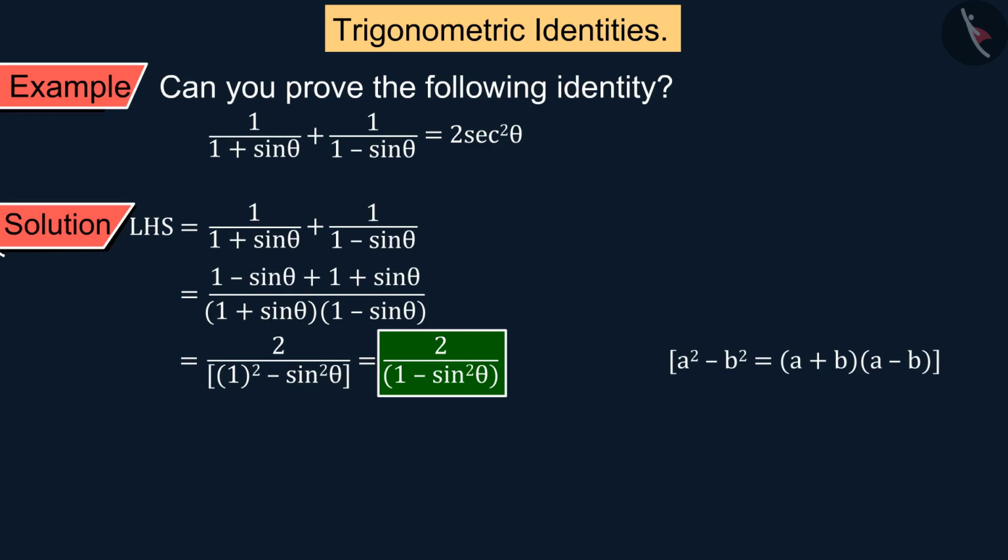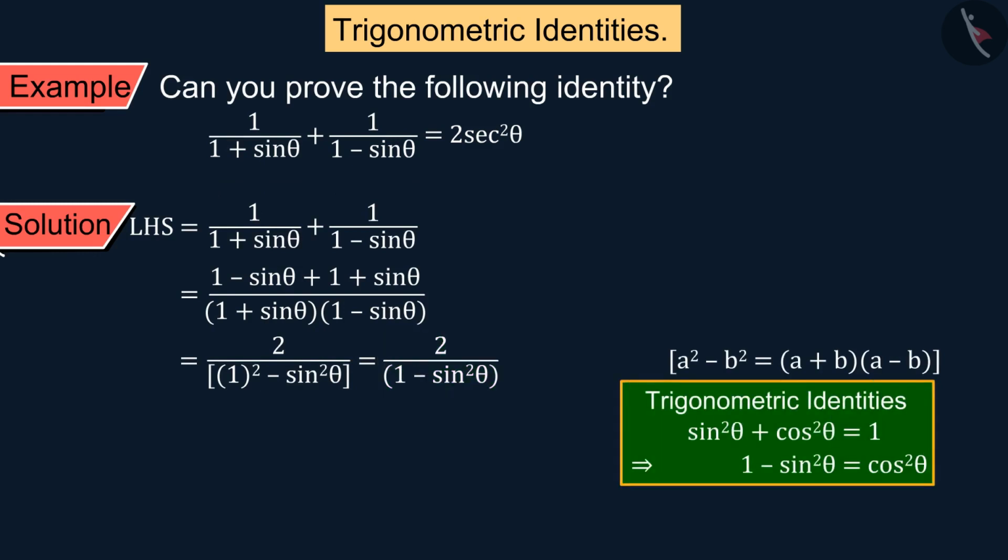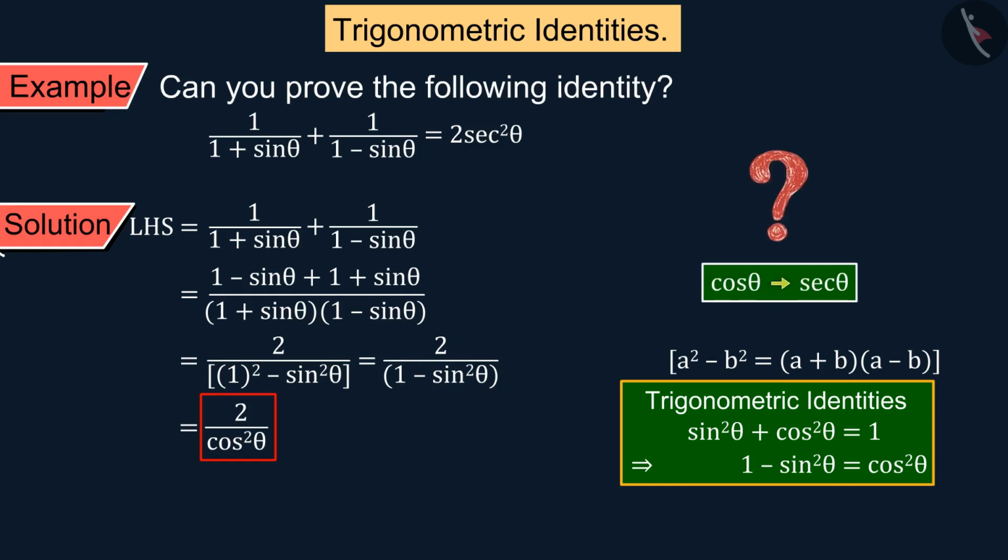We know that the square of sine theta plus the square of cos theta is equal to 1, with the help of which here we replace 1 minus the square of sine theta with the square of cos theta. Can you change this value to sec theta? Well done!